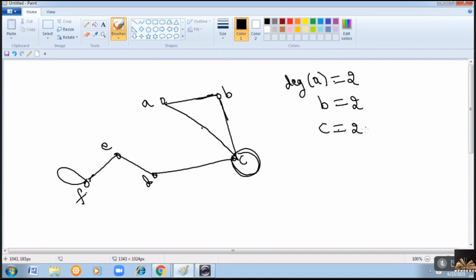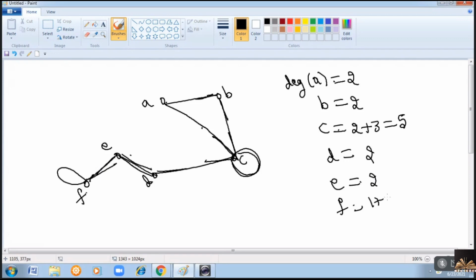So 2 plus 1, 2, 3; 2 plus 3, 5. D: 1 and 2. E: 1, 2. F: 1 plus loop, that is 3.